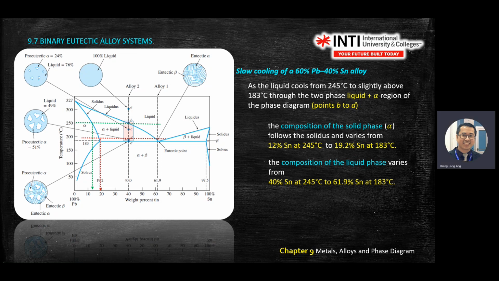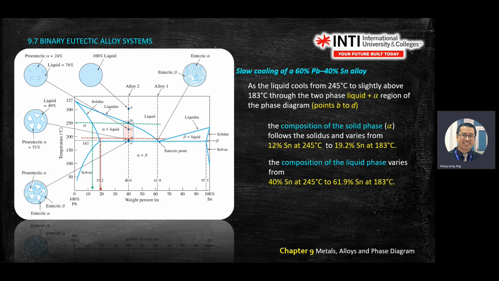The composition of the liquid phase varies from 40% to 61% of Sn. How do you know? You are looking at point B to point D. At point B, you are looking at 40 weight percent of tin.